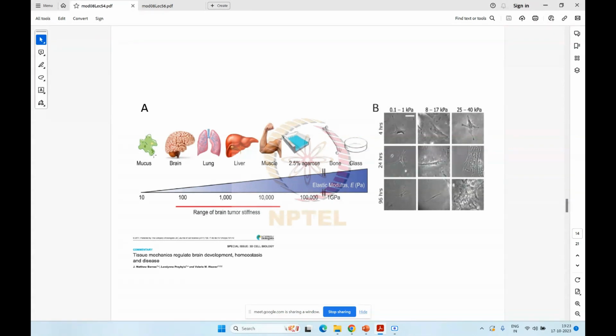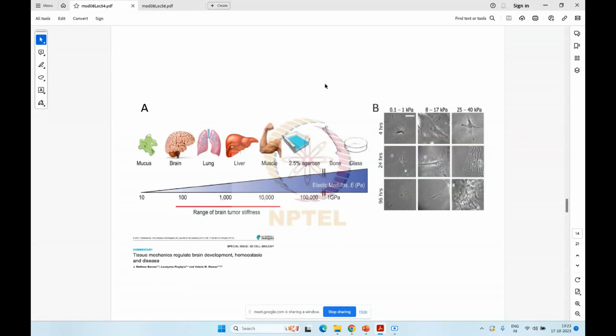And depending upon what sort of stiffness the cells are in, their behavior would be different. Their migratory abilities will be different, their shape would change.